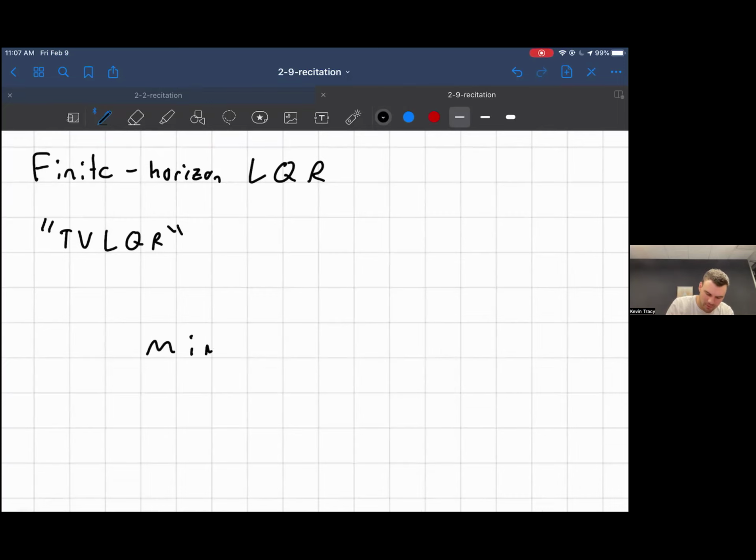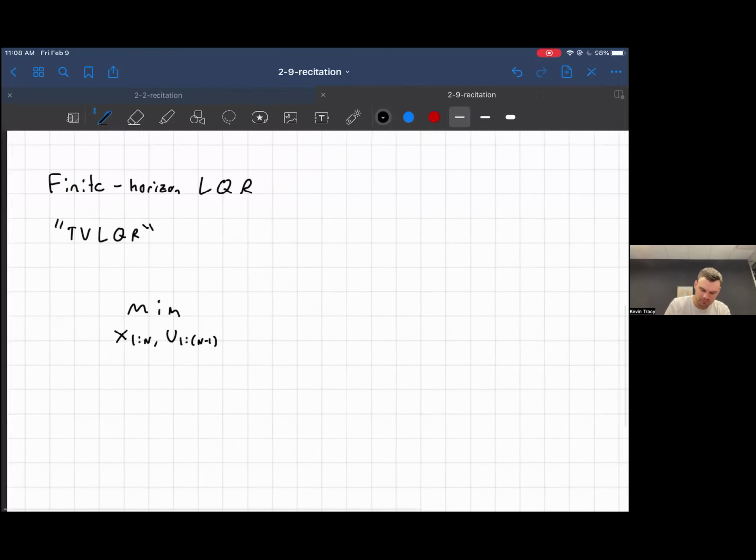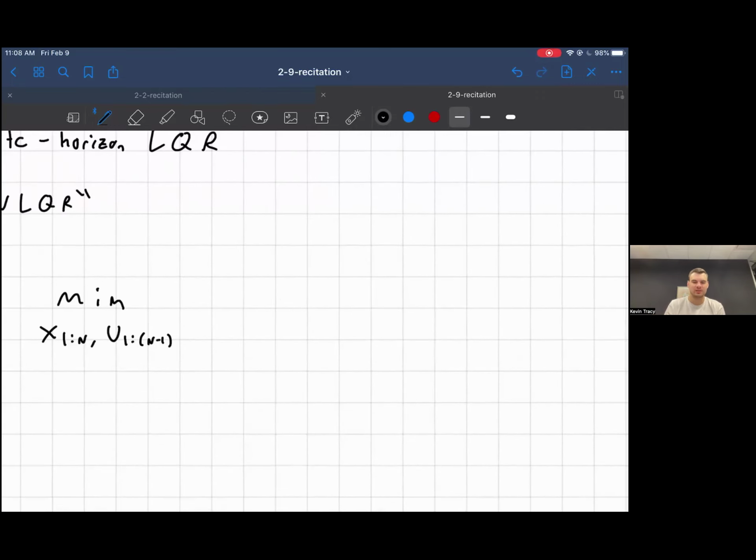So let's form the optimization problem. If you remember, if I'm solving over an n-step trajectory, I have x_1 to n, put a little lower. And then because it's an n step, I have n minus 1 controls, u_1 to n minus 1. And now let's talk about what our cost function is.